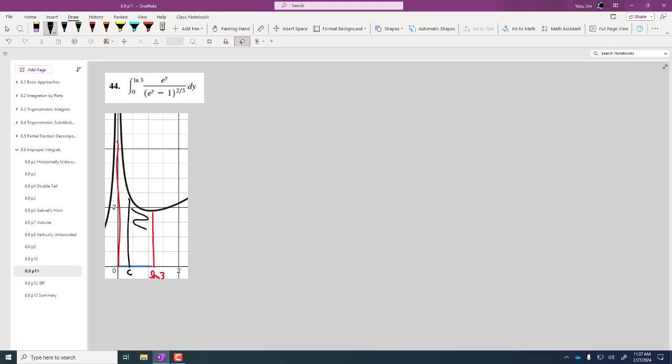We're going to find that area, and that area is going to be a function of C. And then we're going to take that limit as C goes to 0 from the right.